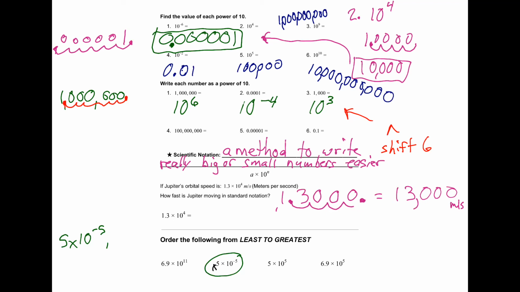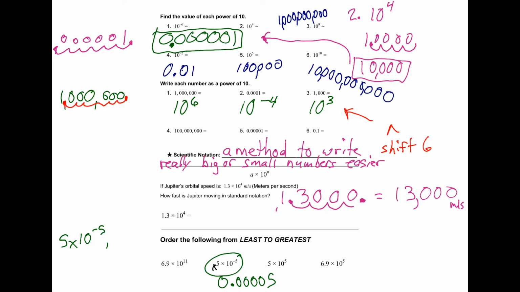Then we look for the next smallest exponent. So if there were any -4, -3, -2, -1, or zeros, we'd want to put those. There aren't, so we keep moving into positive numbers now. Because remember, this number is 0.00005, and that's going to be much smaller than any of these other numbers.